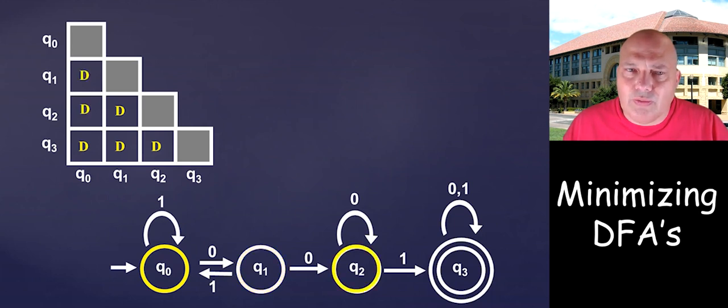Finally, there is one more location to look. We need to compare Q2 to Q0, and it is also distinguishable, for example, by the symbol 1.